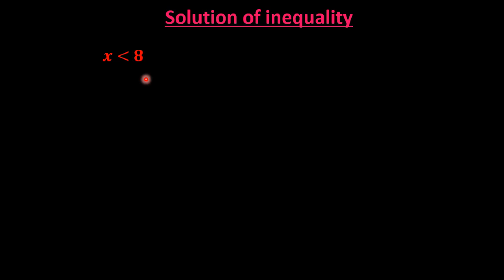In the question itself it will be given, find the solution of the linear inequality when x is a natural number, or sometimes when x is an integer, or sometimes when x is a real number. So let us discuss one by one.